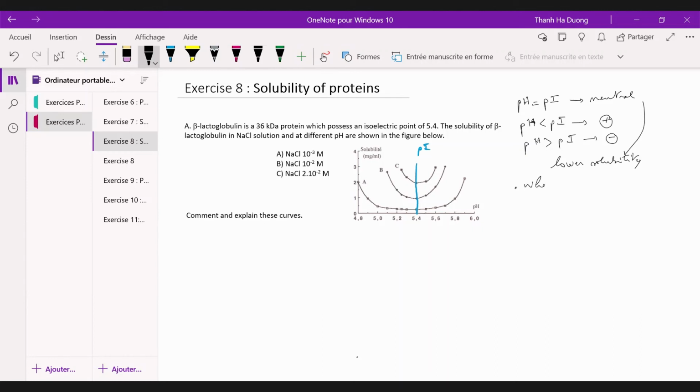Then the higher the difference between the Pi and the pH value, the better the solubility.